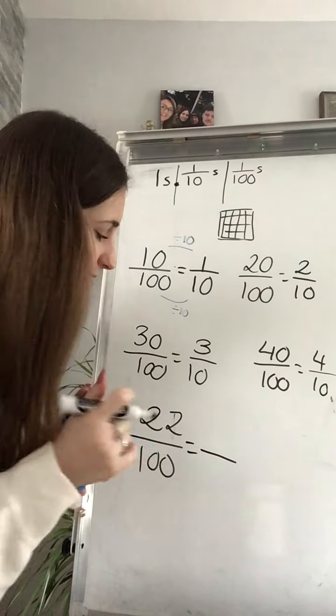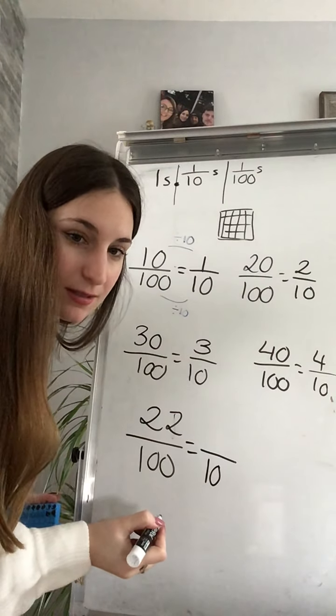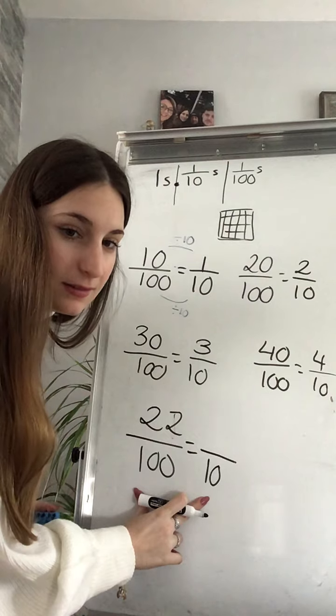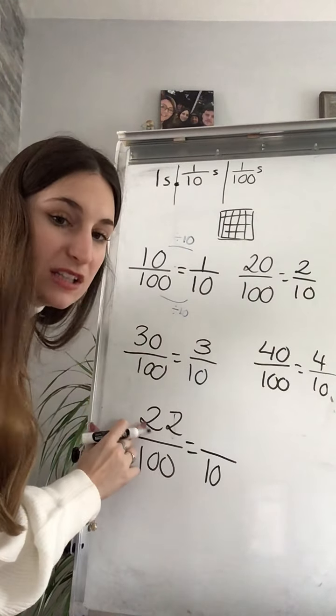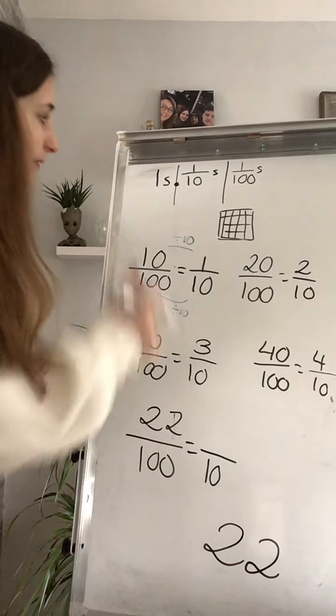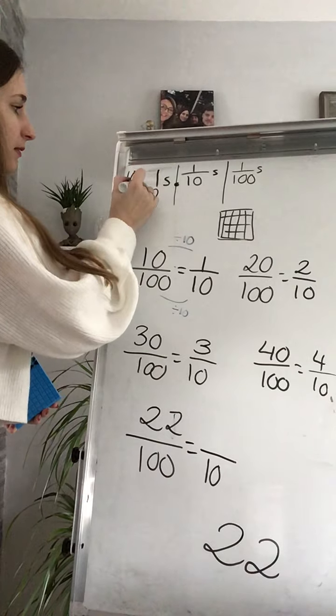So see what is going to happen. I'm going to divide it to make it into tenths. So 100 divided by 10 is 10. If I get 22 and I divide it by 10, and you have 22 here, okay?